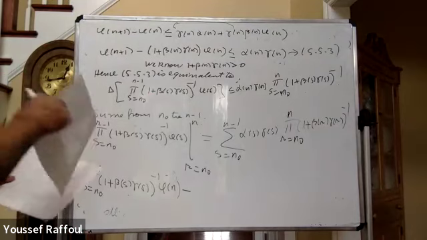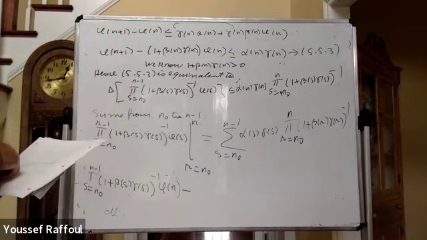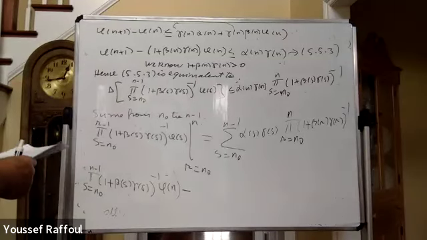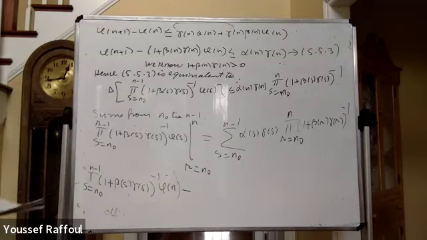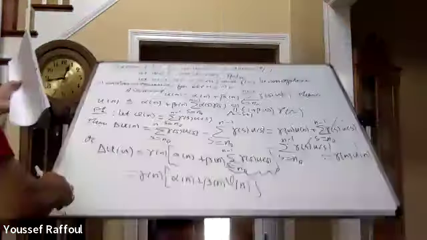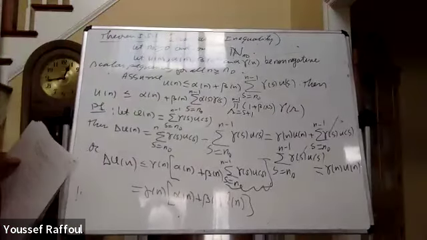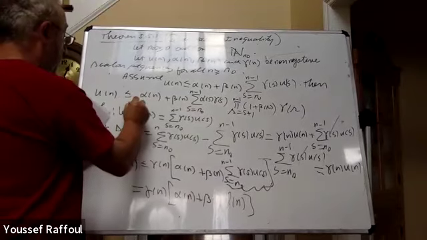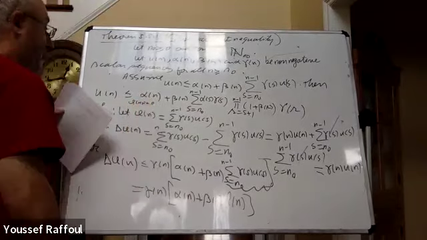All right, so phi n0, where is phi n, by the way? Remember, what did we do? You see phi n0 here is 0.